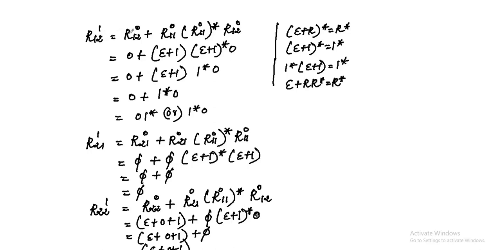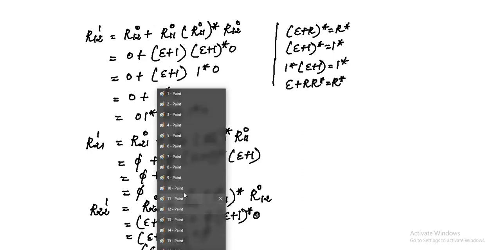Here, as per the equation, R12 raised to the power k minus 1, which is 0, plus Rik, with i value 1 and k value 1, raised to the power 0, into Rkk raised to the power 1 minus 1, 0, whole star. Next Rkj, k value 1, j value 2, is R12 raised to the power 0.